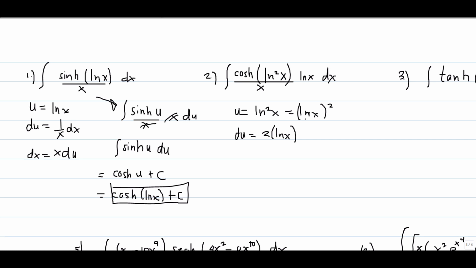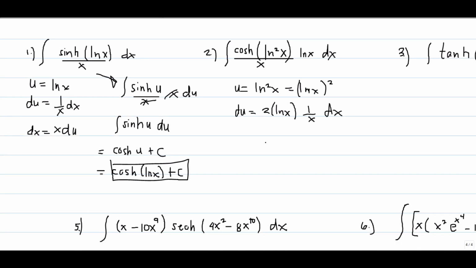Then the derivative of the inside, the derivative of ln x, is equal to 1 over x. Then we have dx here, where dx is equal to x du over 2 ln x.